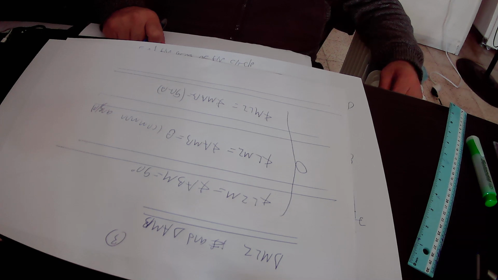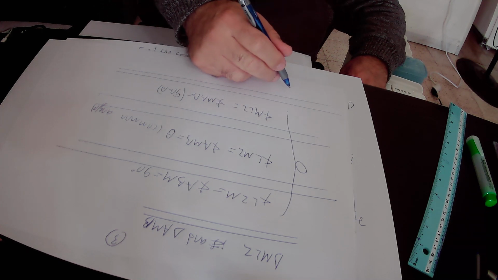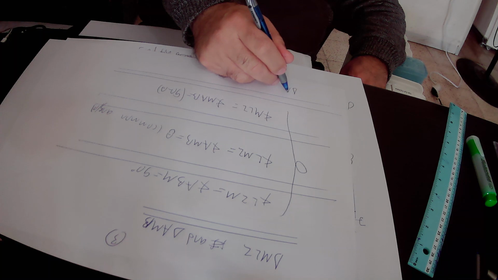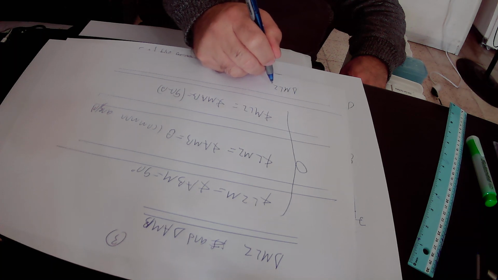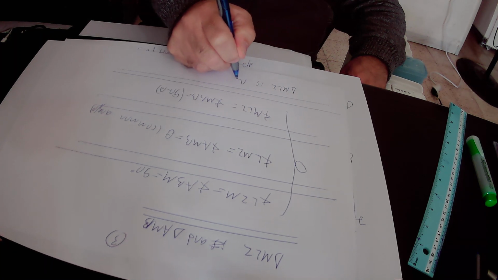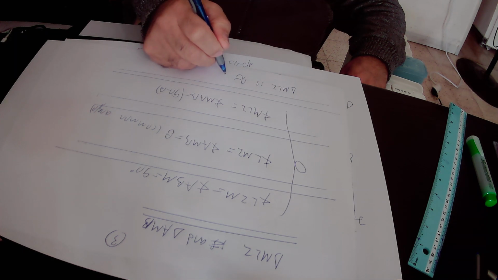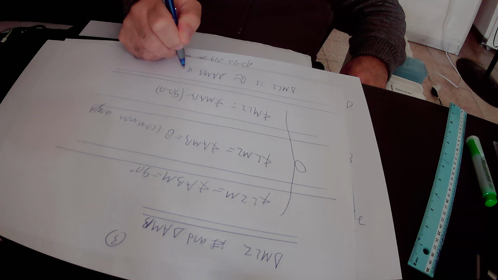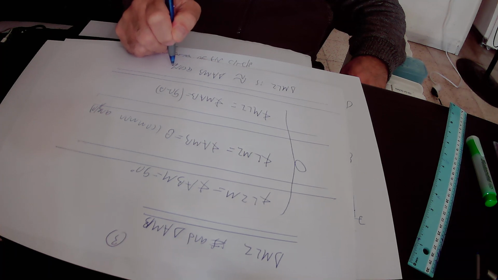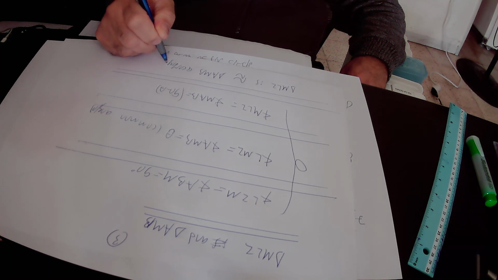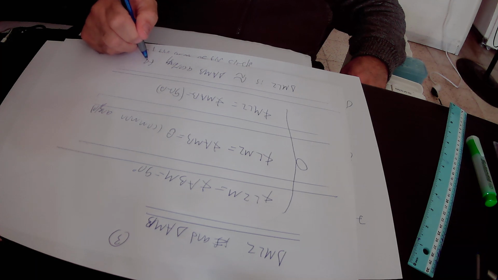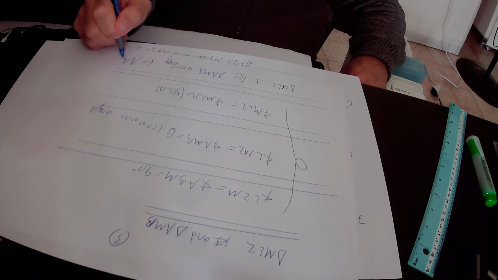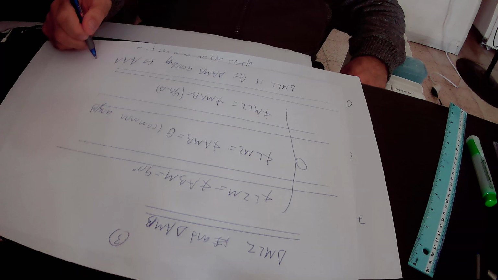Therefore, the big triangle MLZ is similar to the small triangle AMB according to the angle similarity rule.